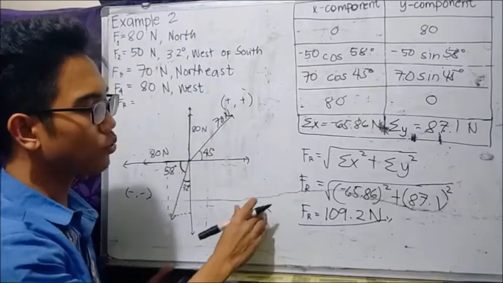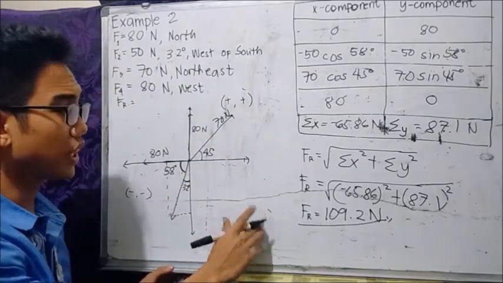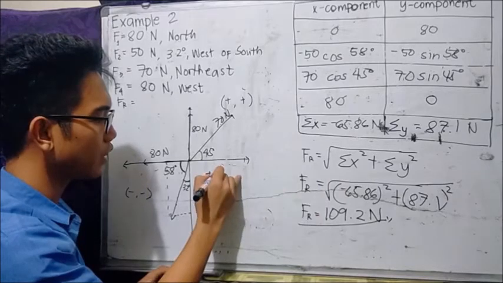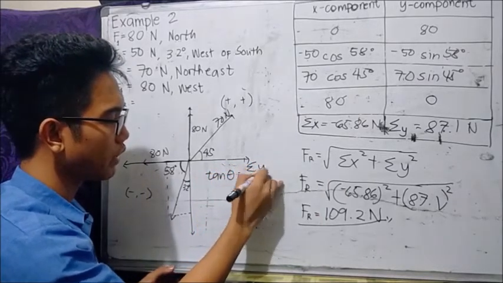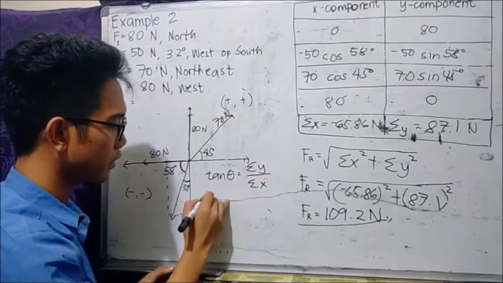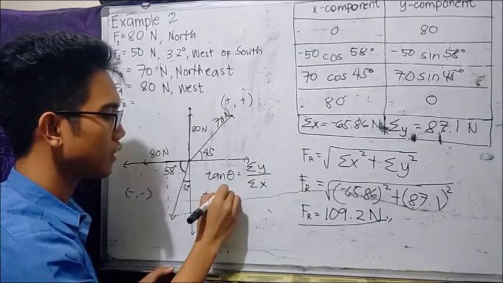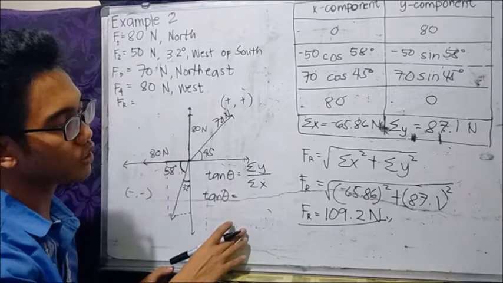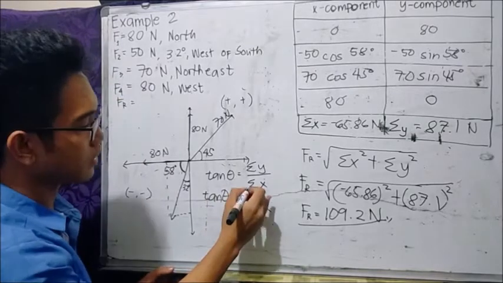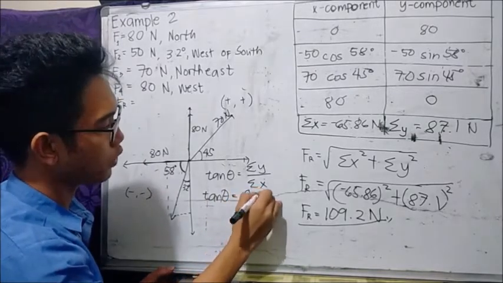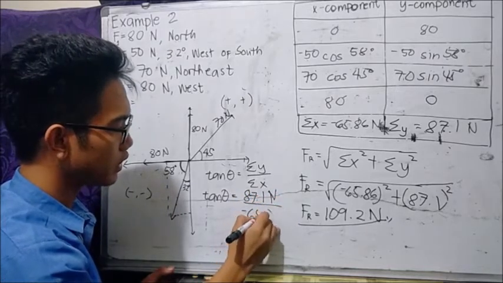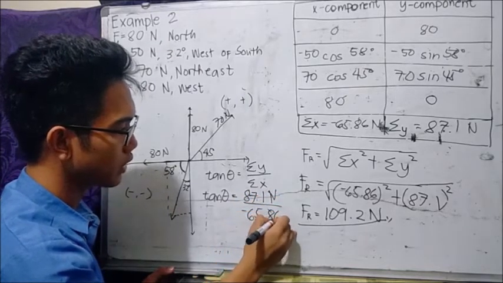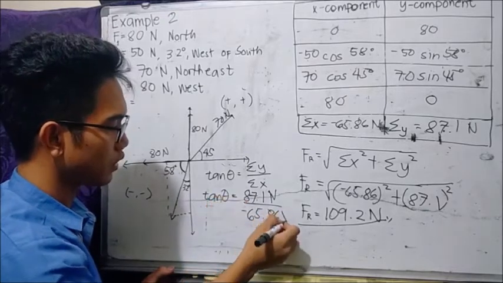Now we proceed to the direction of your vector, that is tangent theta is equal to summation y divided by summation x. So tangent theta is equal to 87.1 Newton divided by negative 65.86 Newton.